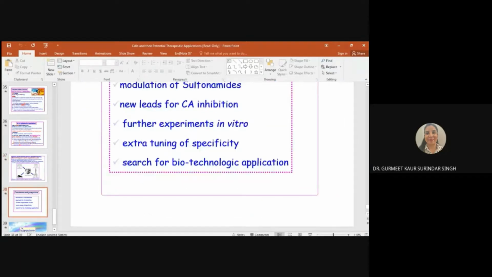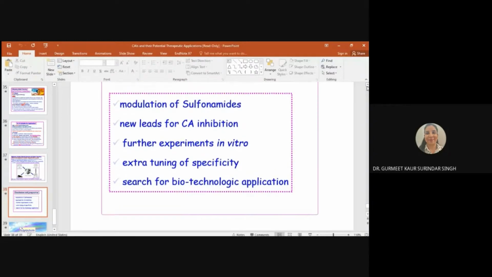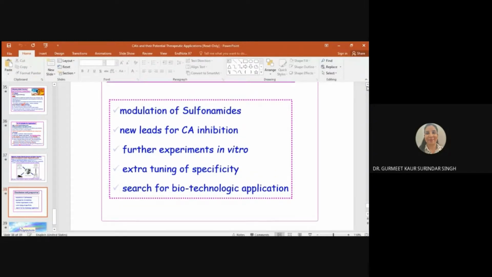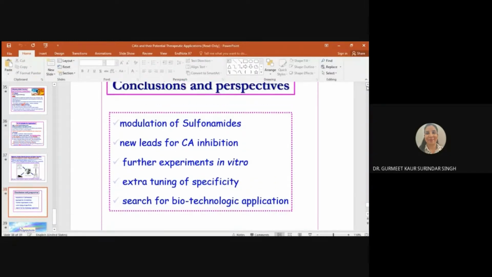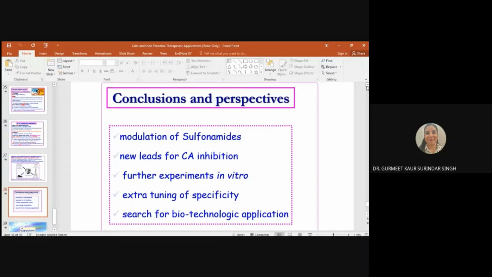Finally, we can conclude that we need to modulate sulfonamides in order to be specific for certain isoforms of the enzyme, and also new lead compounds need to be obtained by combining these inhibitors, which we obtained in the final slides, with some natural products or some secondary metabolites.